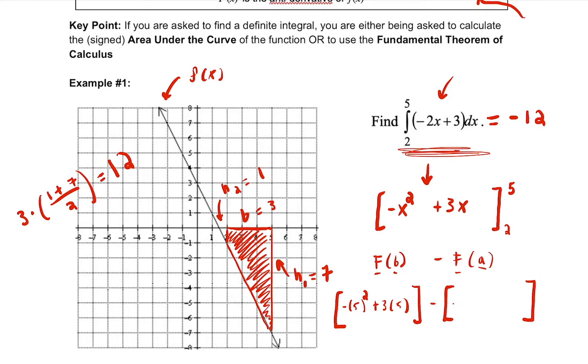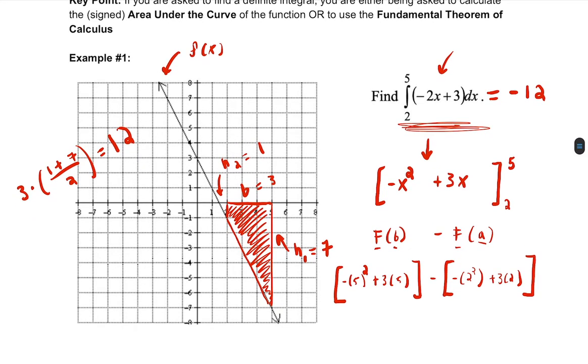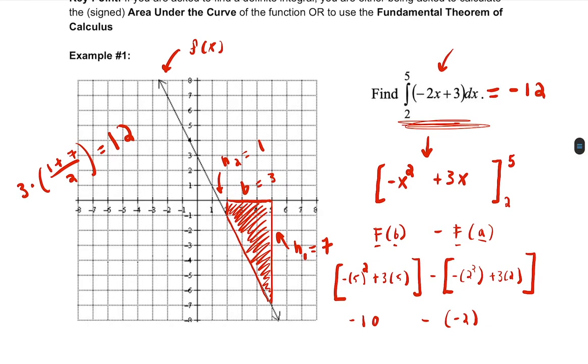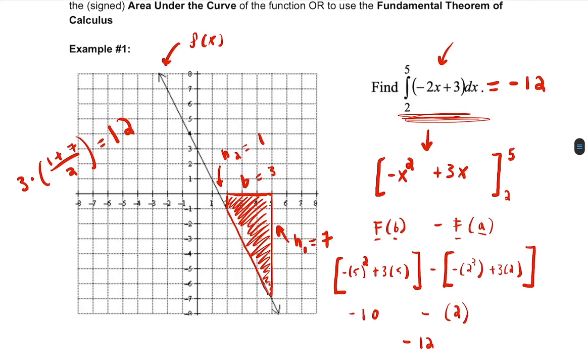And then the other one, we're going to have negative 2 squared plus 3 times 2. And so you work this out, and this becomes negative 25 plus 15. That's negative 10 minus, this is just a regular 2, negative 4 plus 6. And so you get here negative 12. You get the same negative 12.